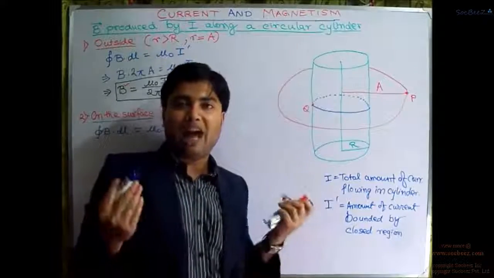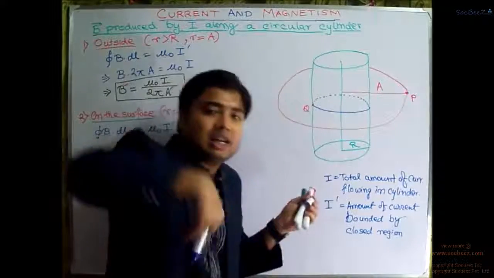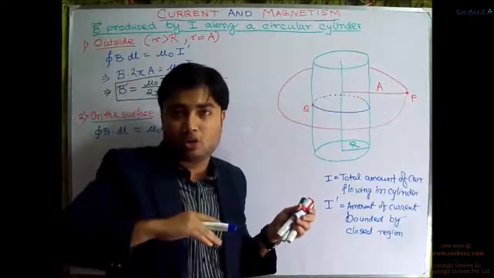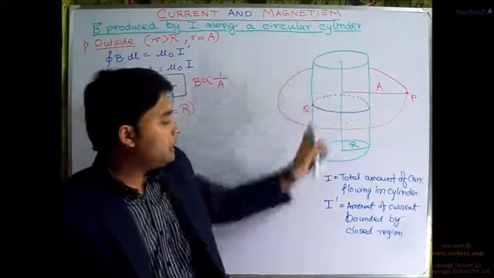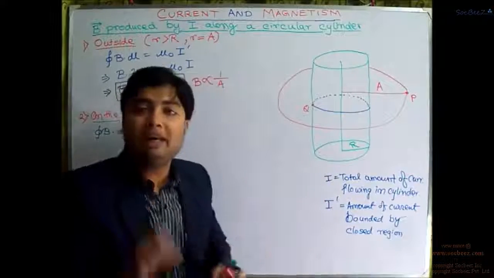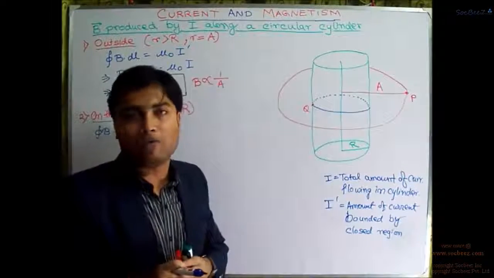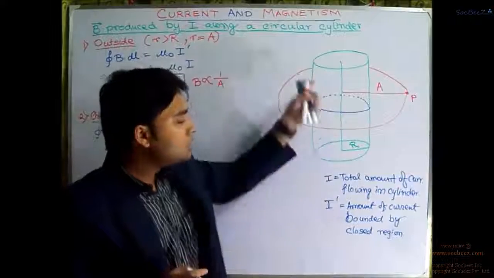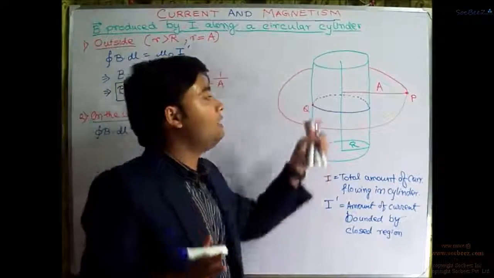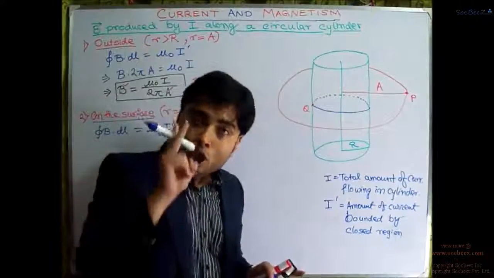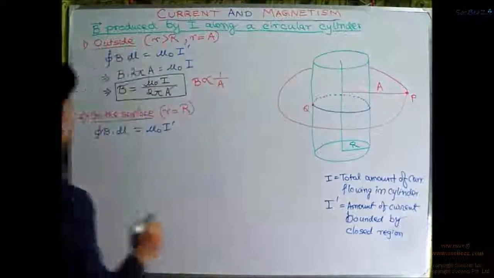Again, it will have the total cylinder inside its periphery, which means that over here again I dash will simply be equal to I, the total amount of current flowing through this cylinder, irrespective of whether the cylinder is either hollow or solid.